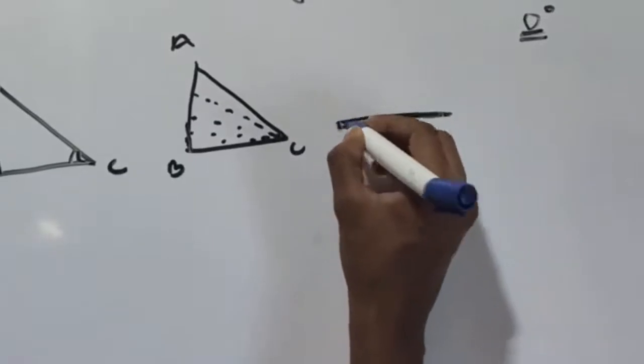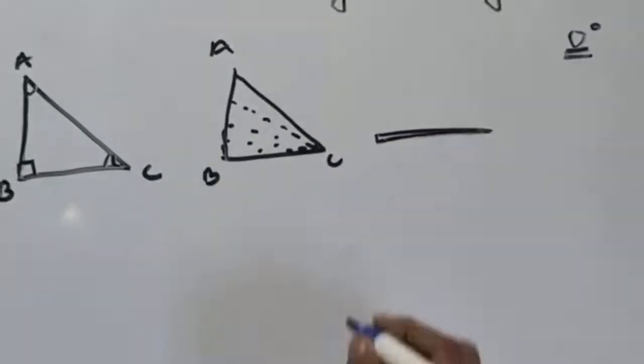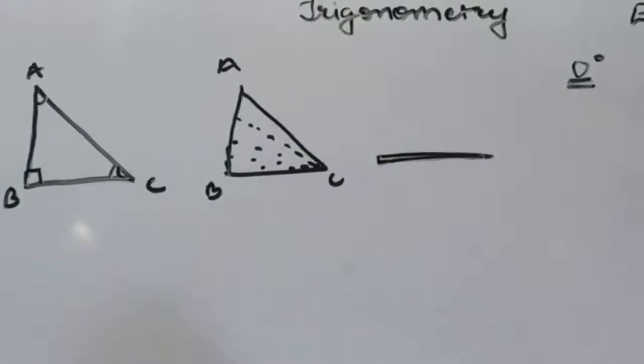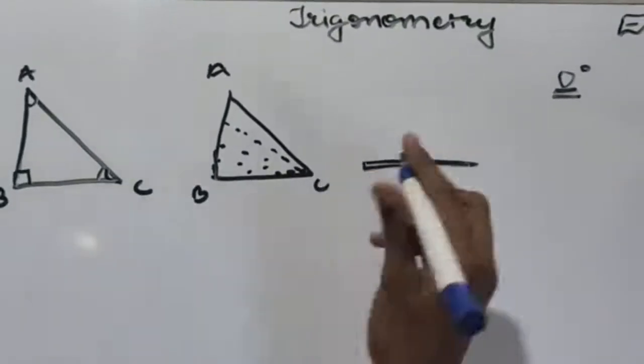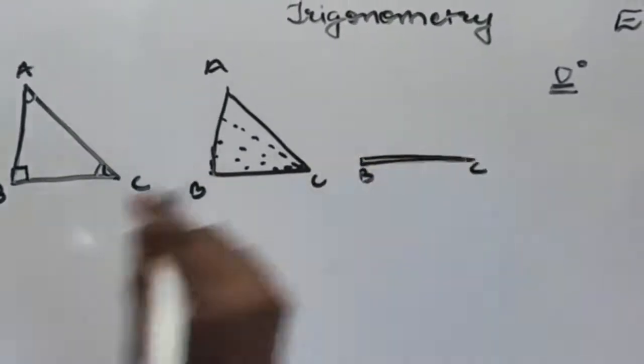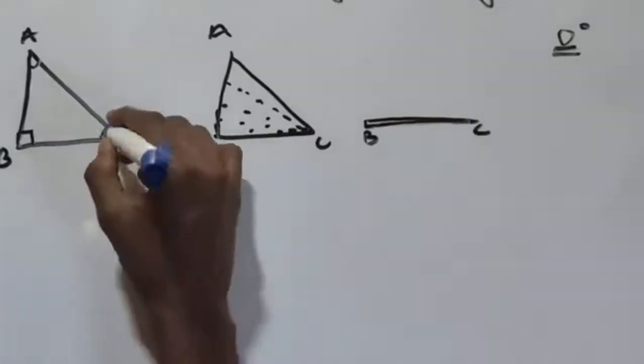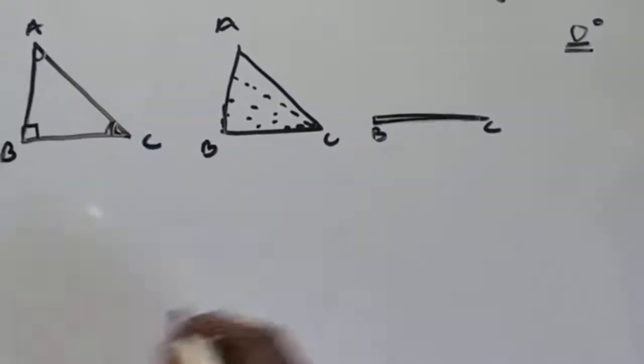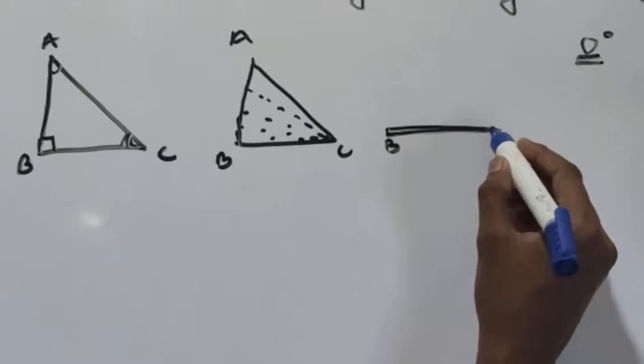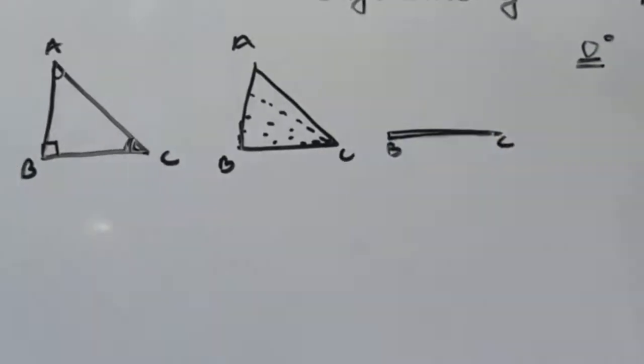Or maybe it just looks like the same line. Here we are talking about the angle C. Now you can see that this angle C is near 0 now, isn't it?